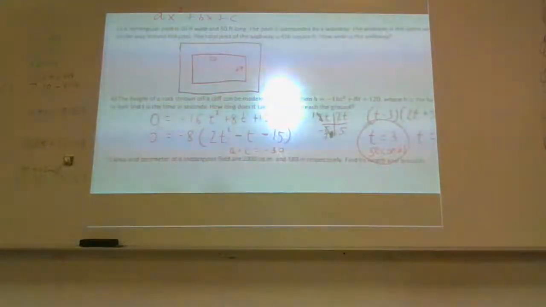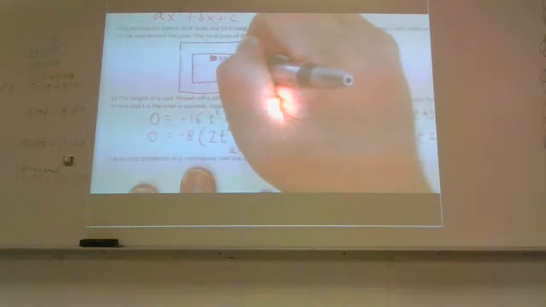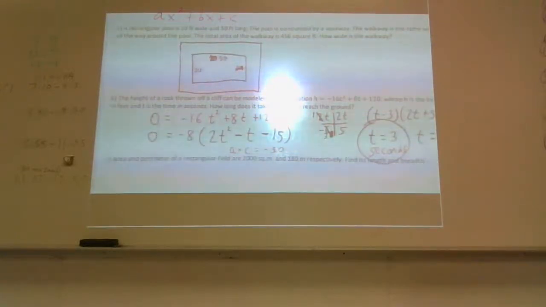If you label the dimensions of the pool 50 and 20, and multiplied those two numbers together, that would give you 1,000 square feet. 1,000 square feet of pool.